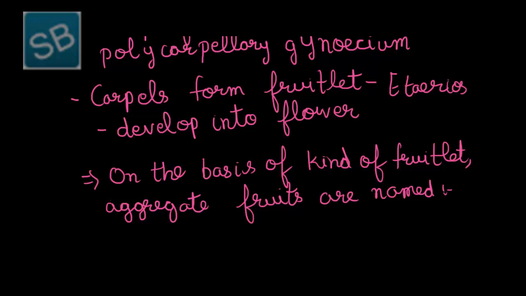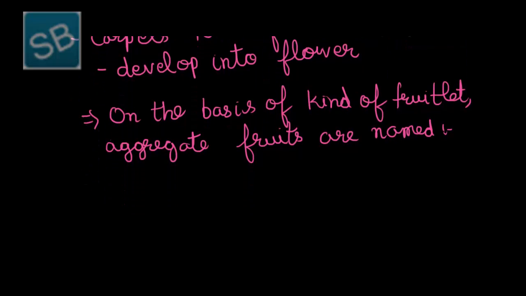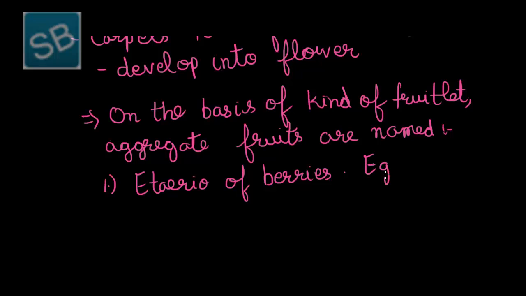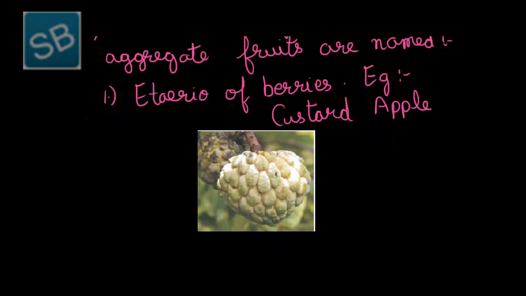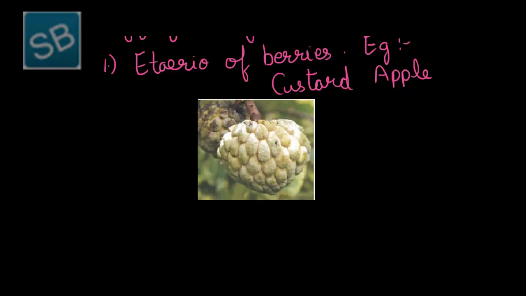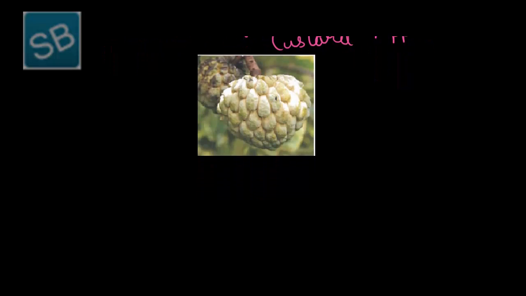For example, first, etaerio of berries. An example for this type is custard apple. This figure depicts the structure of etaerio of berries, that is custard apple.